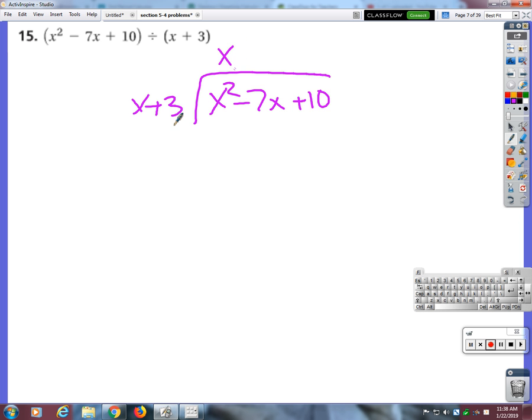And then if I multiply these back through by plus, and then remember we're subtracting. So I'm going to go negative 7x minus 3x gives me negative 10x. Okay? Plus 10. Then what do I have to multiply x by to get, or so I'm sorry, what's negative 10x divided by x?